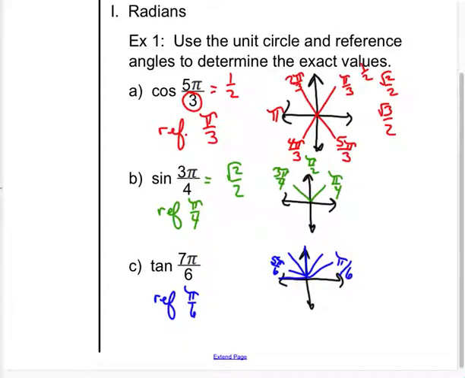And then this would be 6 pi over 6. 7 pi over 6. In the third quadrant, remember tangent is the ratio of sine over cosine. So in the third quadrant, tangent is positive. And then, if you can remember, the tangent goes square root of 3 over 3, 1, square root of 3. So our reference angle of pi over 6 gives us a square root of 3 over 3 tangent value.